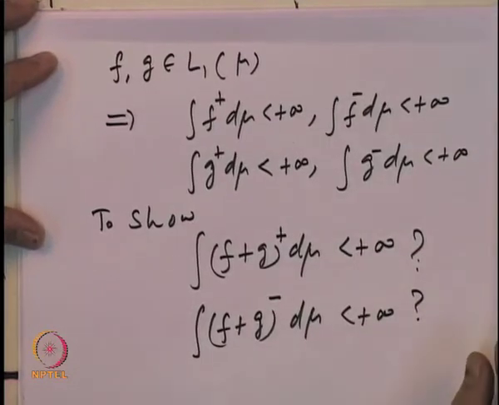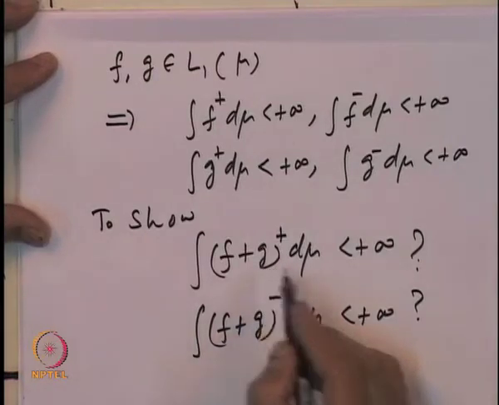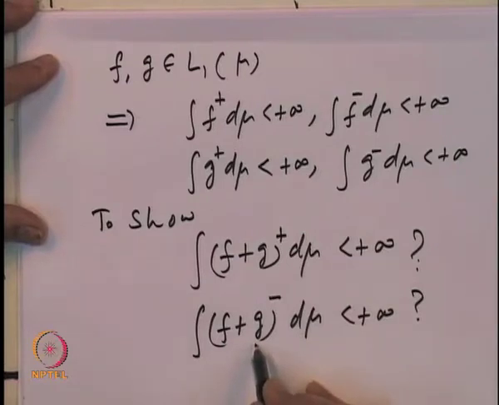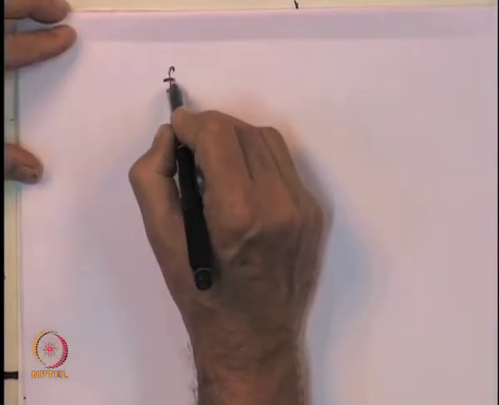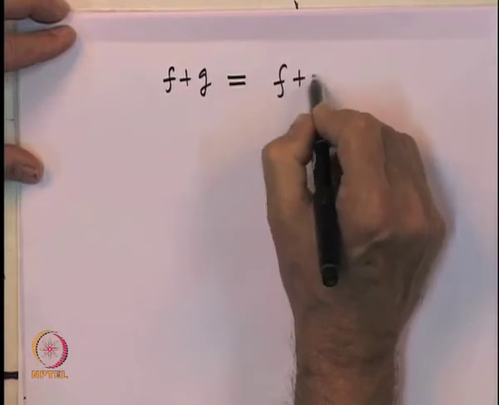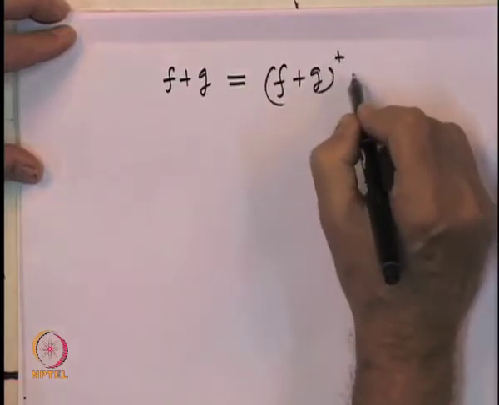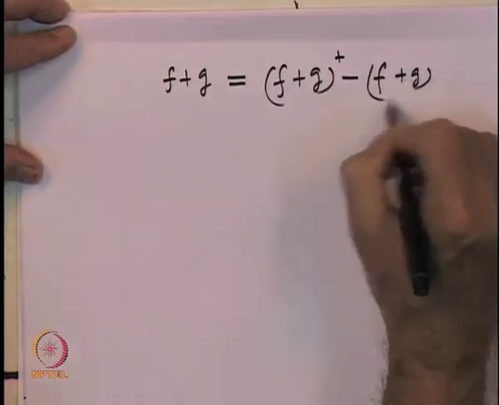To show this, somehow we have to relate the positive part of f plus g with the positive part of f and the positive part of g, and similarly the negative part of f plus g with the negative part of f and the negative part of g, and that is done as follows. Look at f plus g. By definition, we can write it as (f plus g) positive part minus (f plus g) negative part.